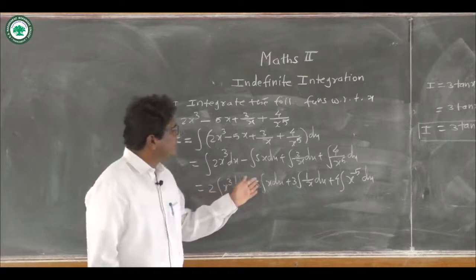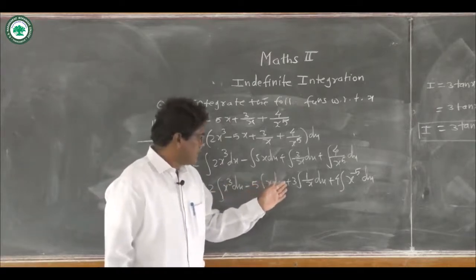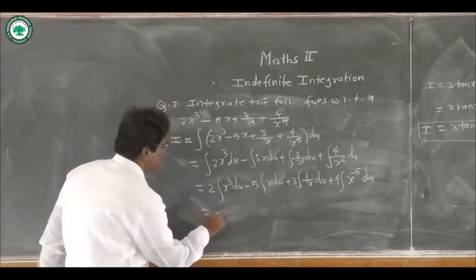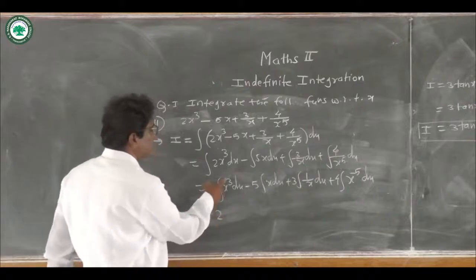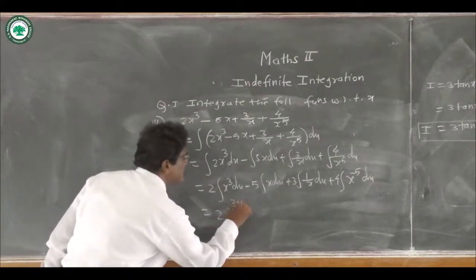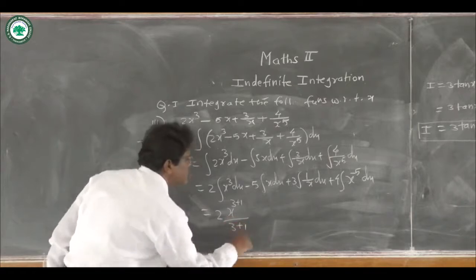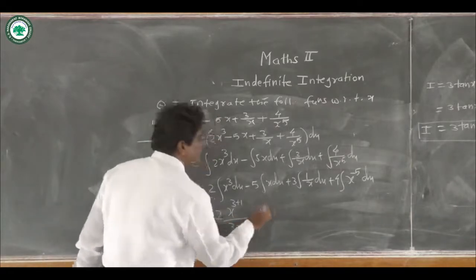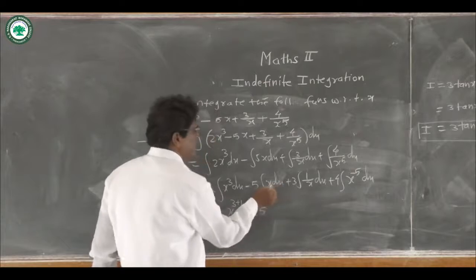We find the integration of each part. So 2 times integration of x to the power 3, we write as x to the power 3 plus 1 divided by 3 plus 1, minus 5 times integration of x dx.